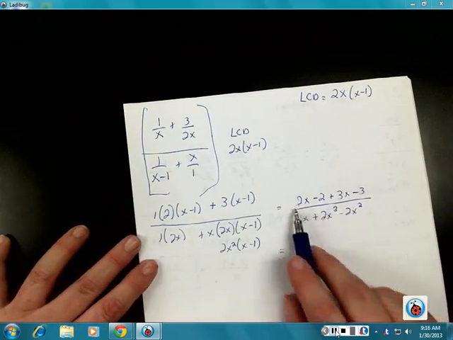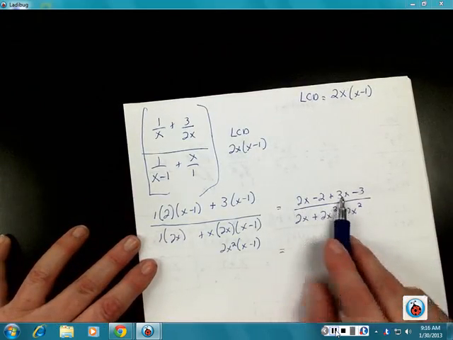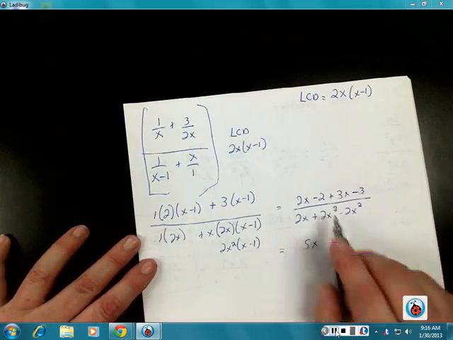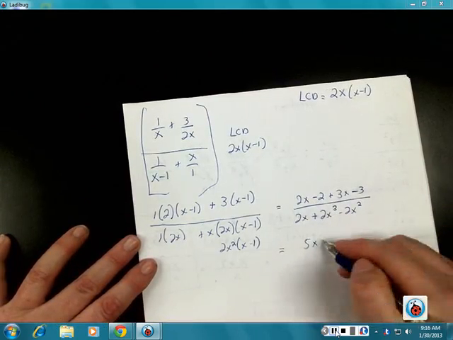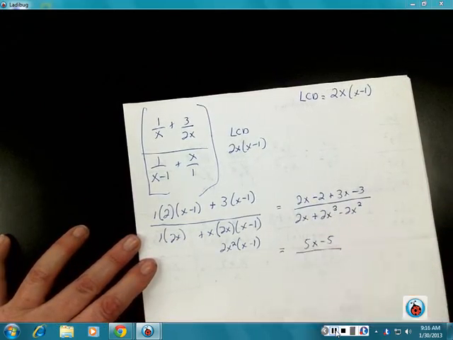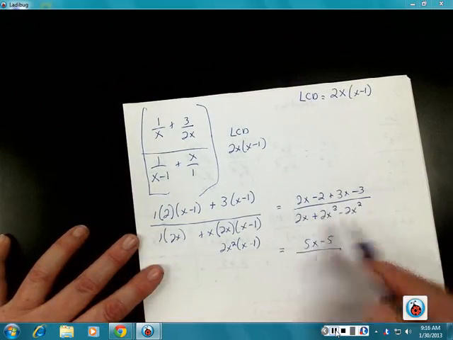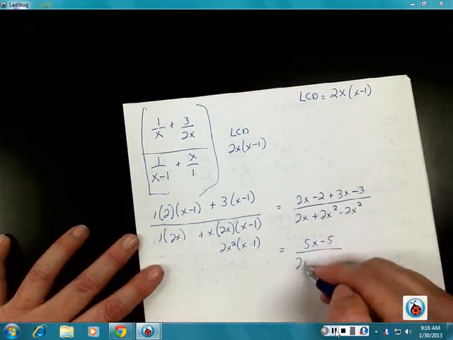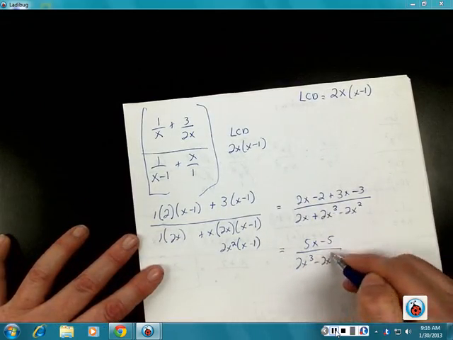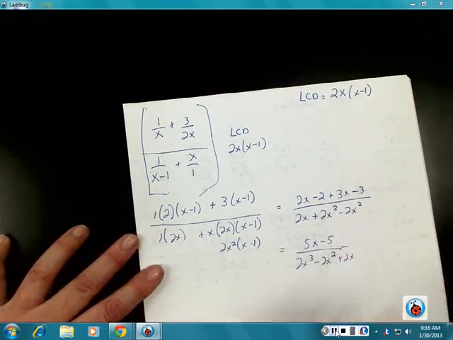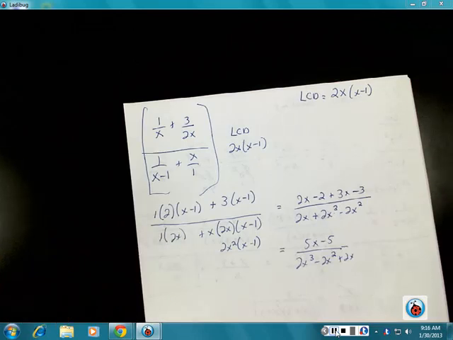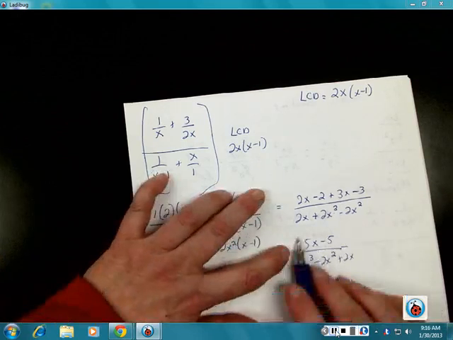Combining 2x plus 3x is 5x, negative 2 and a negative 3. The bottom, I had to rearrange so I get it all in order. So I can put a 2x cubed minus a 2x squared plus 2x. Now I got some factoring to do, because if you look at this, what can I factor out of the top part?